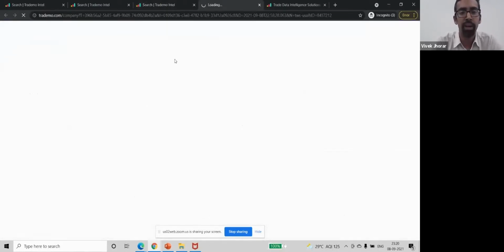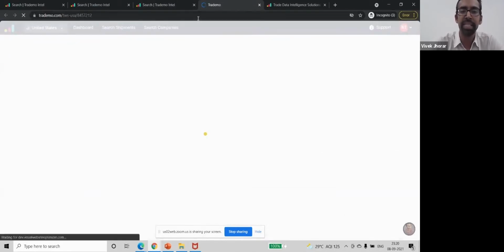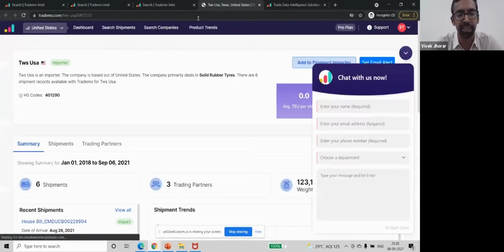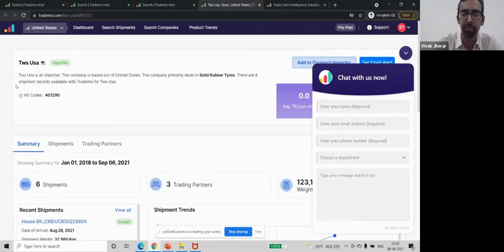So now TWS USA have been making tall claims about the kind of working capital they need and the kind of shipments that they import into the US from across the world.